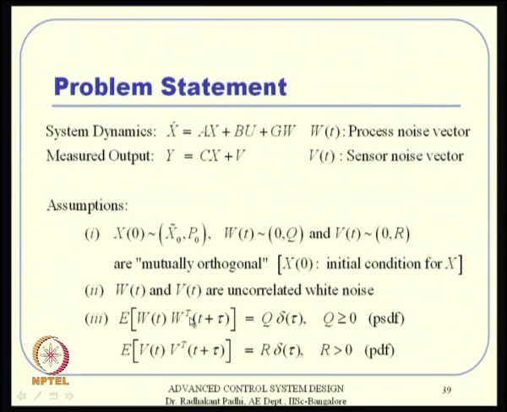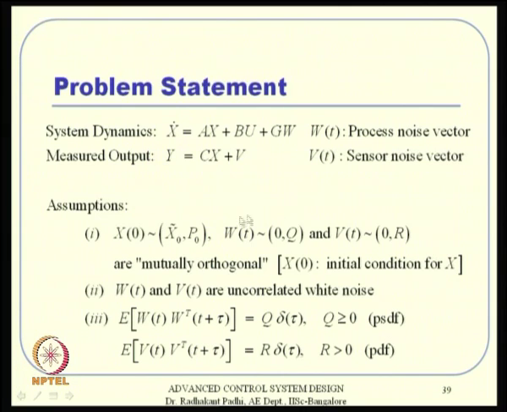And then it also says that when I take W times W transpose and take the expected value, it will have only Q there. Remember, this is translated in time. So, if I take only the same time, I will get some value. If I have any difference in time, that will be 0. So, the delta definition is like that, and similarly for V also.